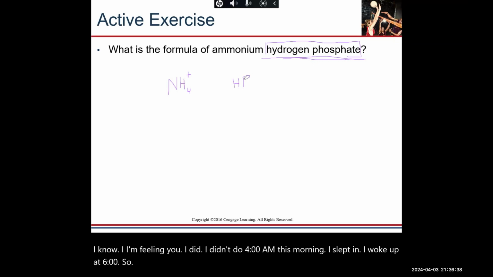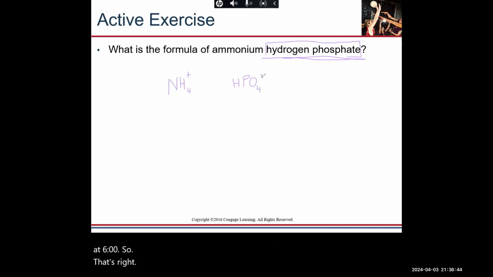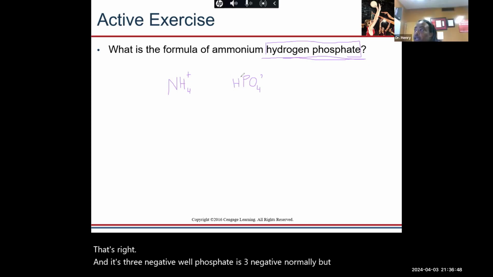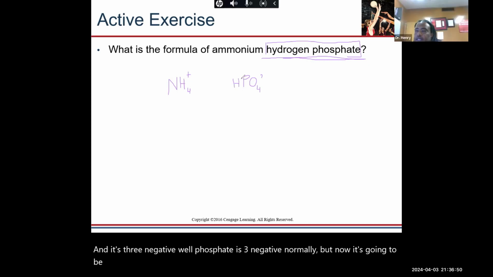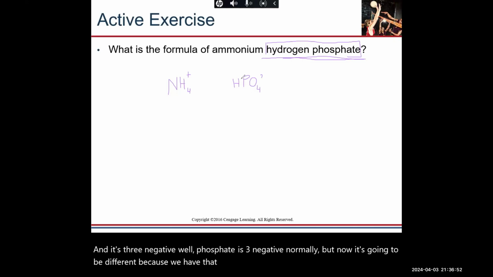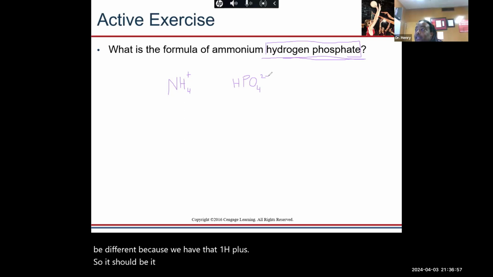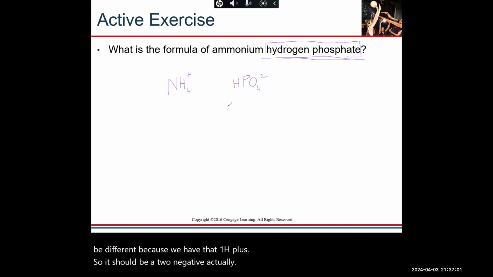And then phosphate is PO4 with a 3 negative. That's right. Phosphate is 3 negative normally, but now it's going to be different because we have that one H plus. So it should be a 2 negative actually. Okay, 2 negative. Because we just need a second ammonium, I'll need parentheses.